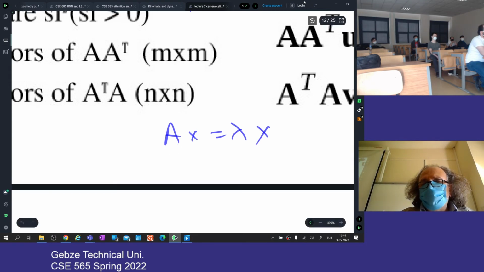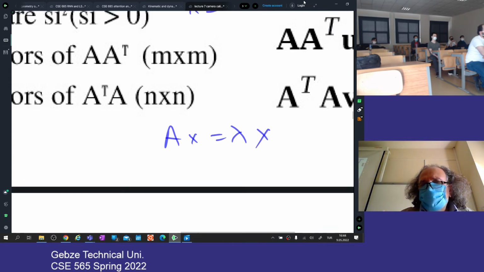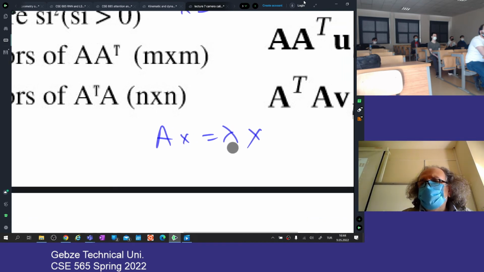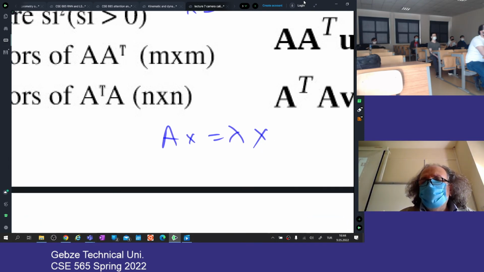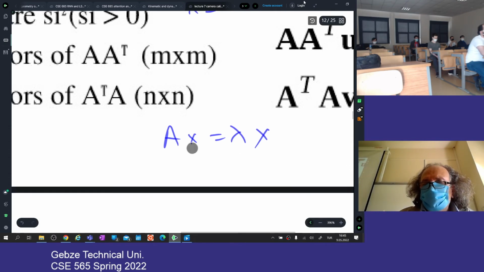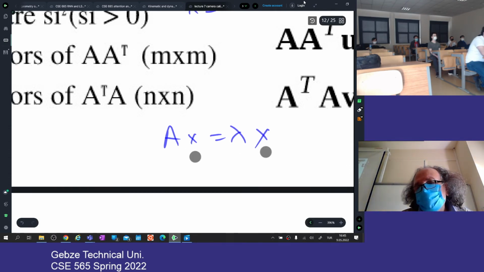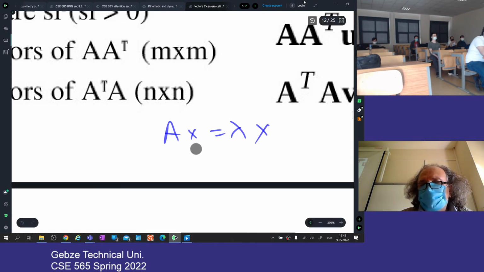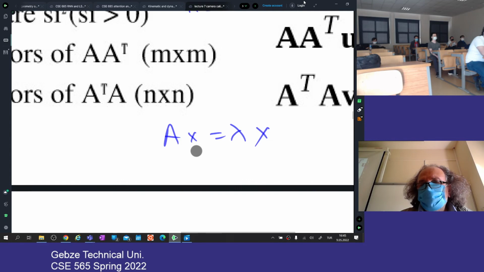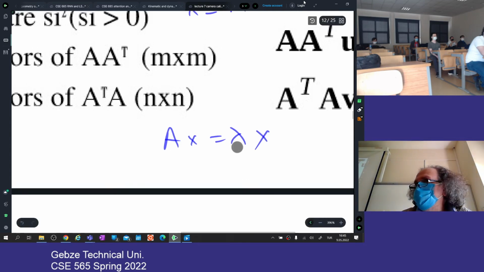This A is transforming X in a way that we are only growing or shrinking that vector. We are not changing the direction of that vector. The direction stays the same, we are only moving along that direction. That's the definition of the eigenvalue problem. So this X is an eigenvector for this matrix A, and this is an eigenvalue.